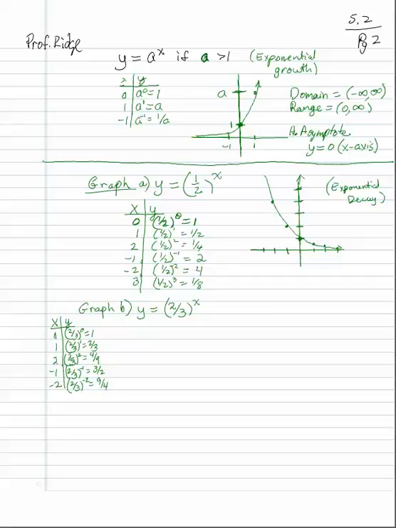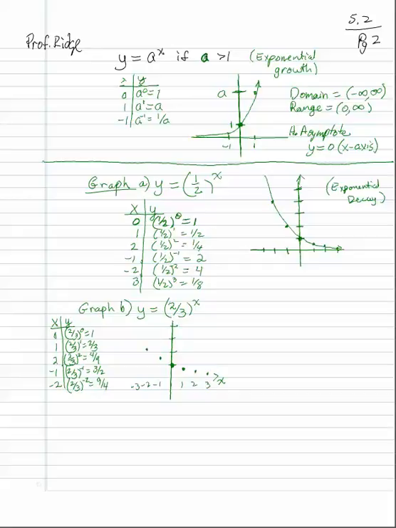We'll plot those. So we get 0, 1; 1, 2/3; 4/9 is a little less than half. And if we did cube, it'd be 8/27. Negative 1, 3/2, which is 1.5. Negative 2 is 9/4, which is 2.25.